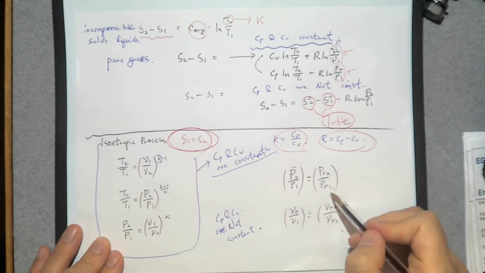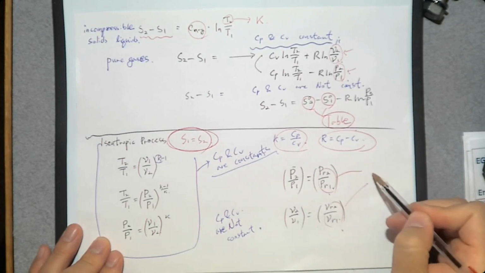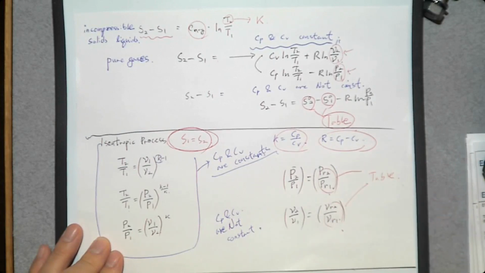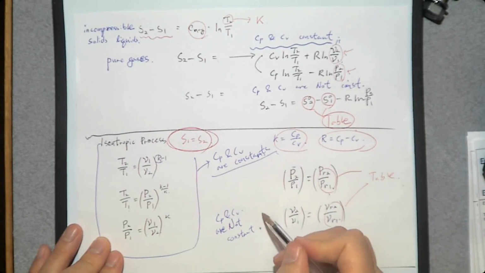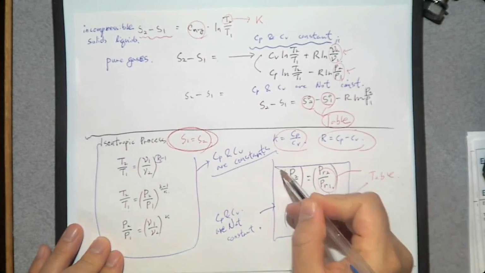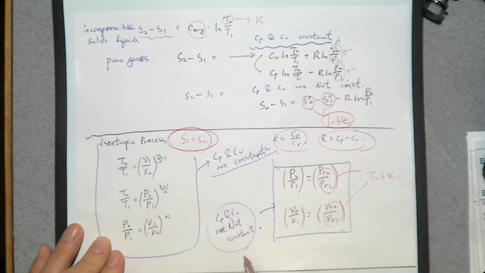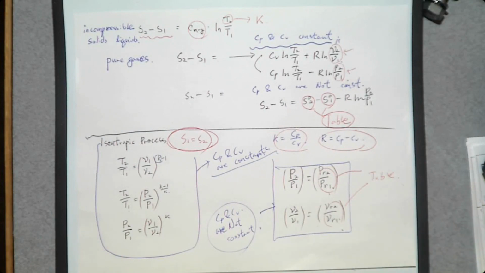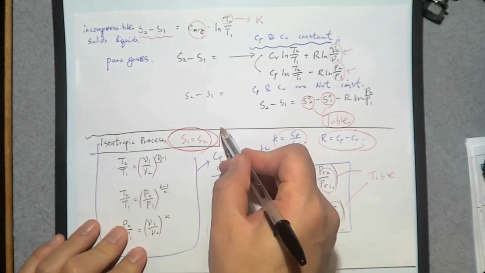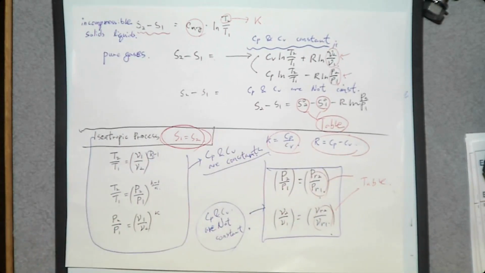We can find these values from a table. So we can use these two equations if we cannot assume constant specific heats, and we use the earlier relations for constant specific heats when we have an isentropic process. Okay? So these are equations that we can use when we have a pure system.